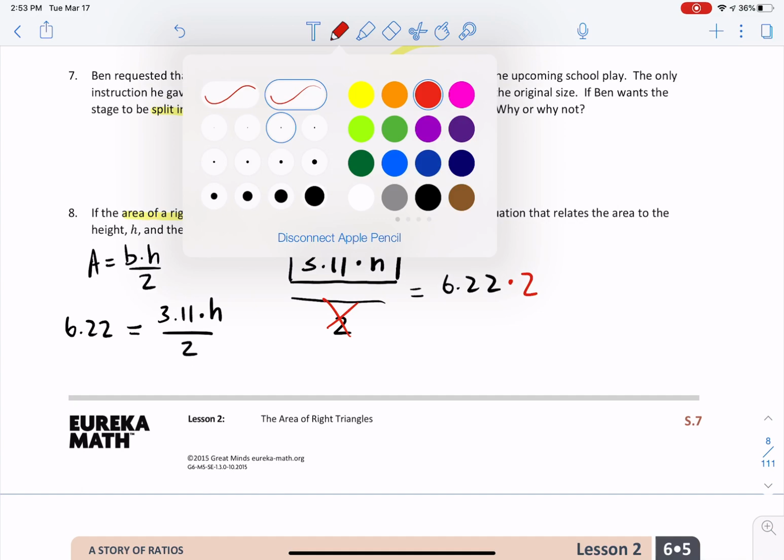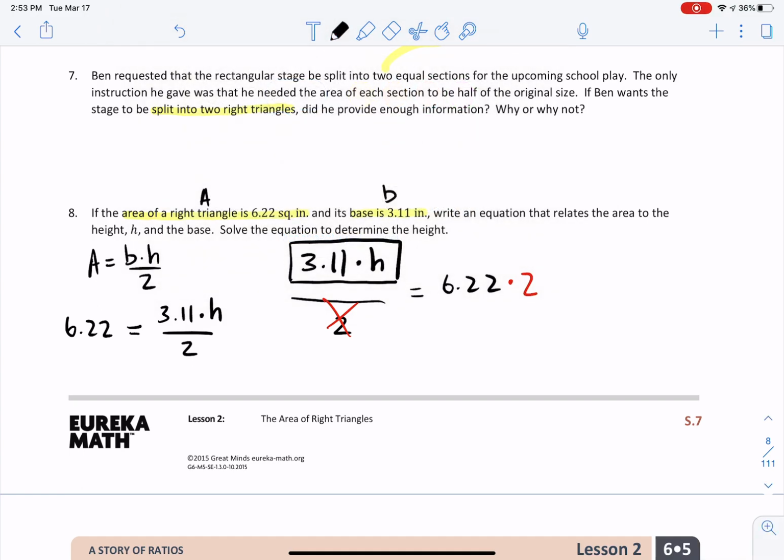What I end up getting is 3.11h. I dropped the multiplication sign because a number next to a variable means multiplication. The 2's already gone, and this equals 6.22 times 2, which is 12.44.